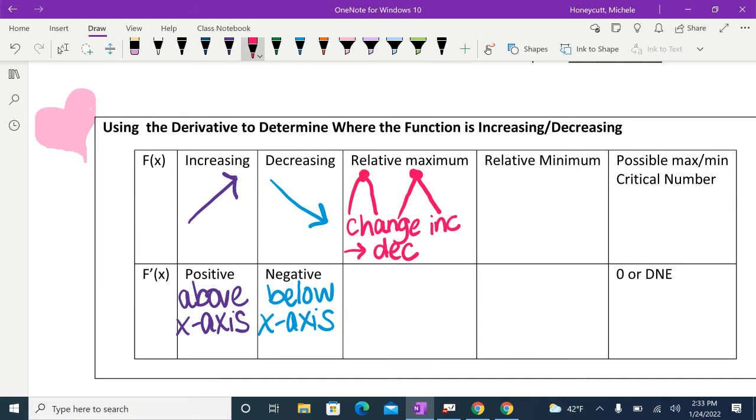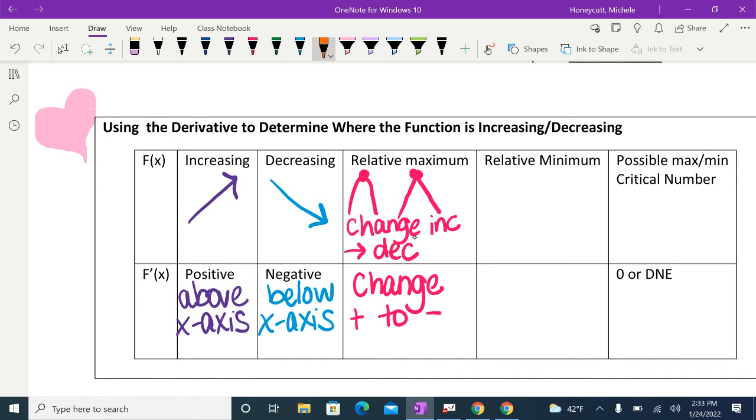But on the derivative, when f has a relative max, you'll see f prime change from positive to negative.